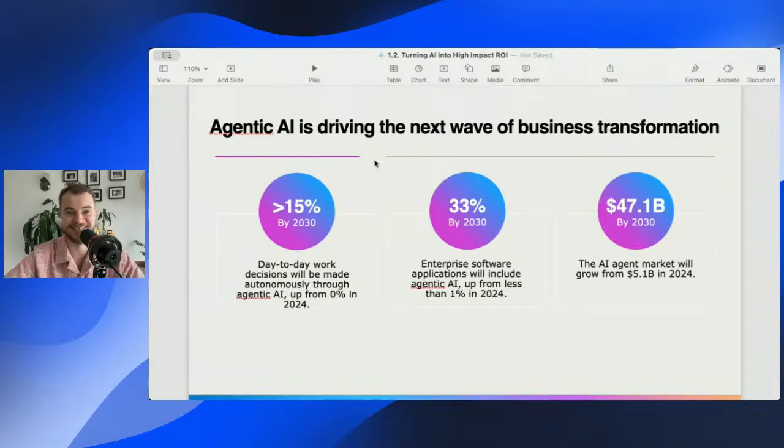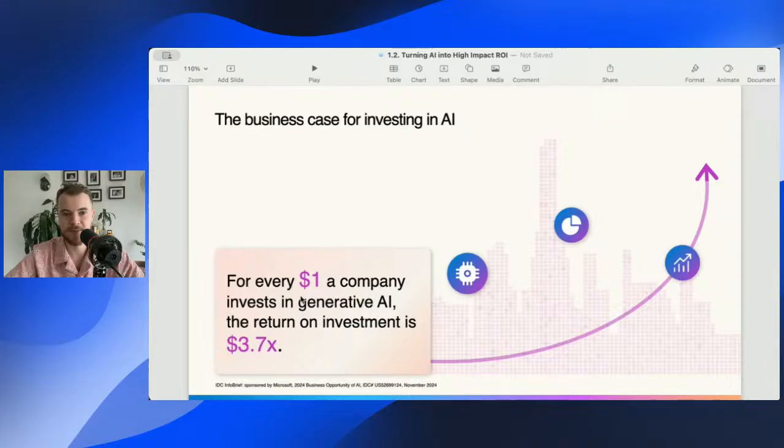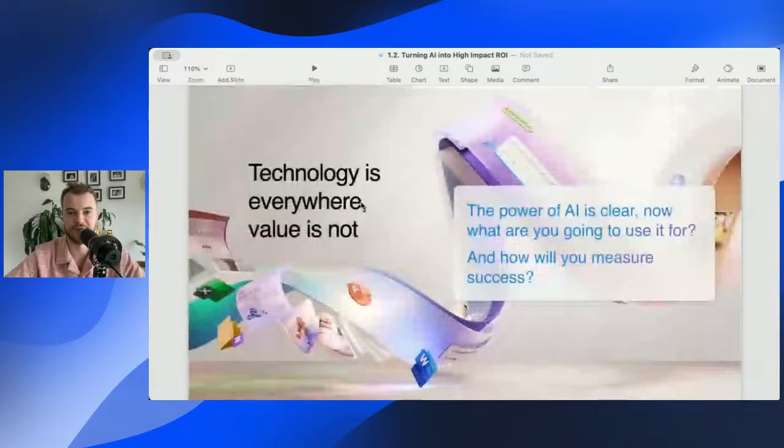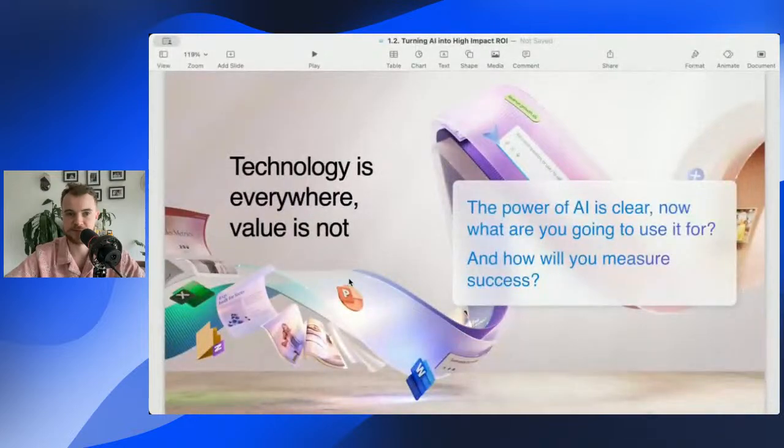So this is really coming out, and it's a real kind of growth area. According to Microsoft, they think that every dollar will return $3.7. Now, they're selling the product, so of course they're going to say that, but we are seeing a lot of results coming out of various companies using this.